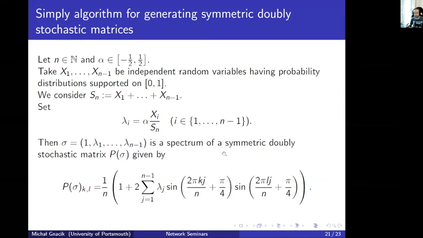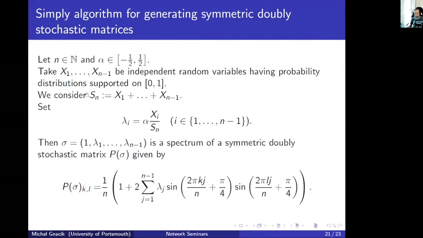So now the algorithm that I promised at the beginning. Knowing that we can construct a matrix that satisfies this particular condition, we take independent random variables supported on 0, 1.